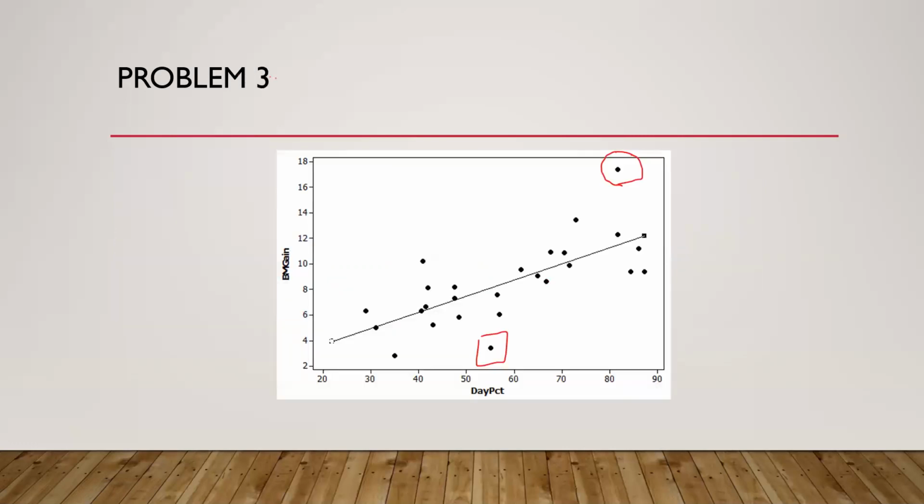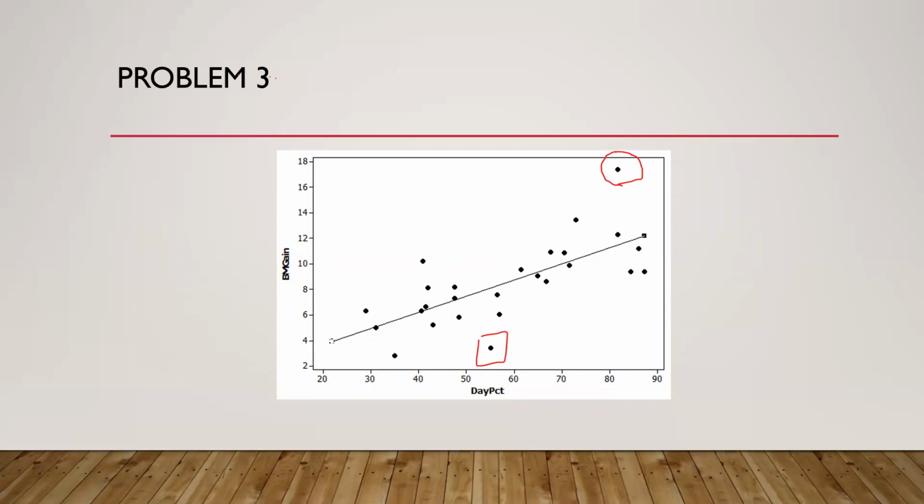For problem 3, part A, we were asked to circle the dot that has the largest residual. And that one's pretty easy. The one I circled is the one that's farthest above the line. For part B, putting a square around the dot that has the largest negative residual could be a little bit tricky because you might at first glance think it's the one between 30 and 40.